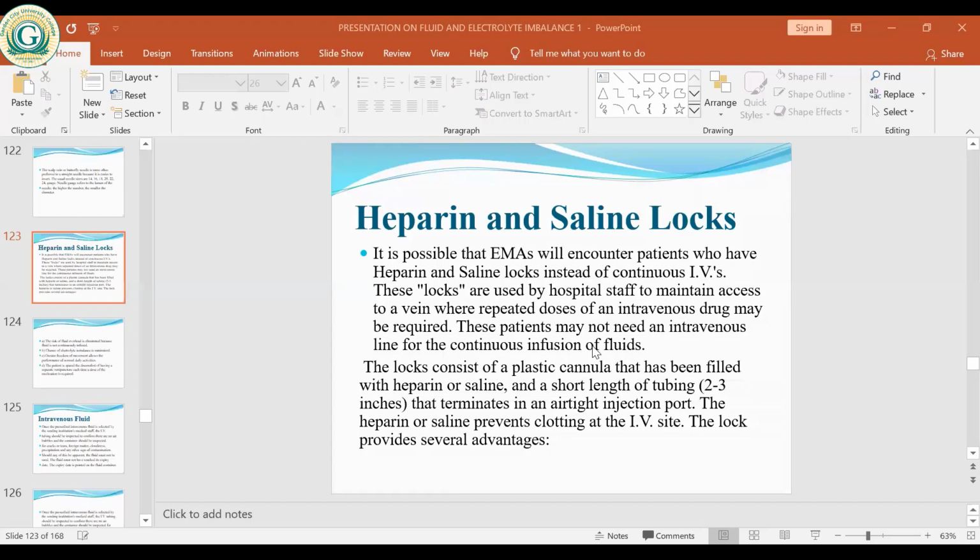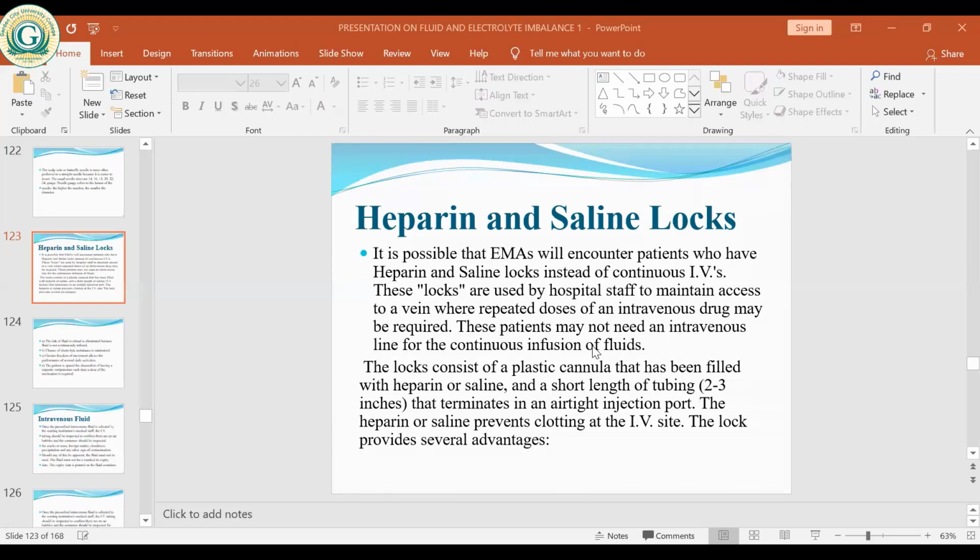The heparin or the saline prevents clotting at the IV site. So that is the essence or the importance of the heparin or the saline in the syringe that you put at the entrance of the catheter or the cannula. So you fix the syringe, but fill it halfway with either saline or heparin.